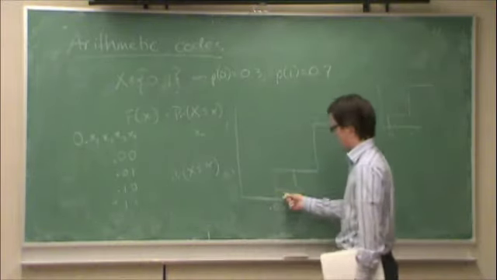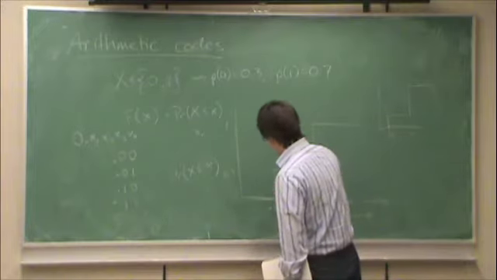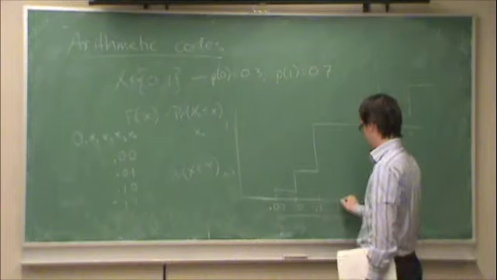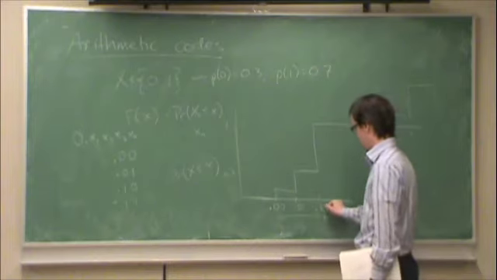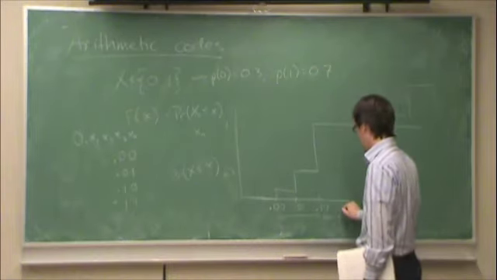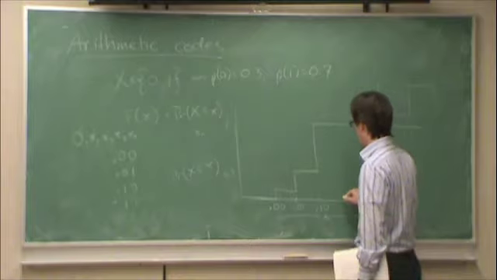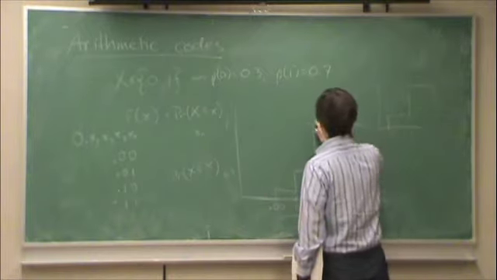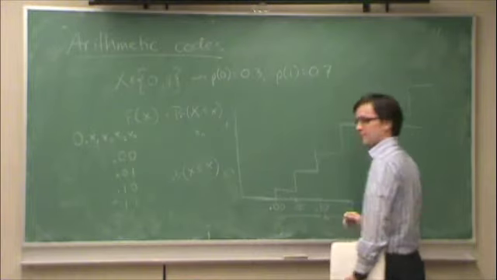So I can apply the split again to get that. And now over here, half of these numbers have 0.10, and half have 0.11. So again, I can apply the split up here. And so on.